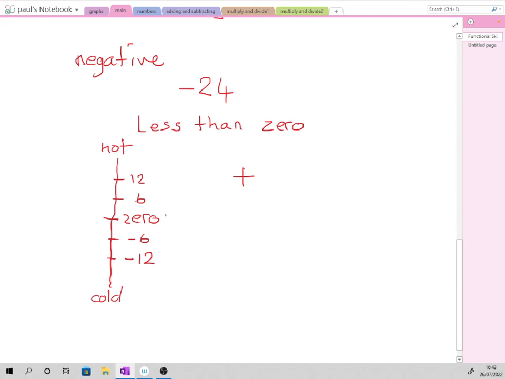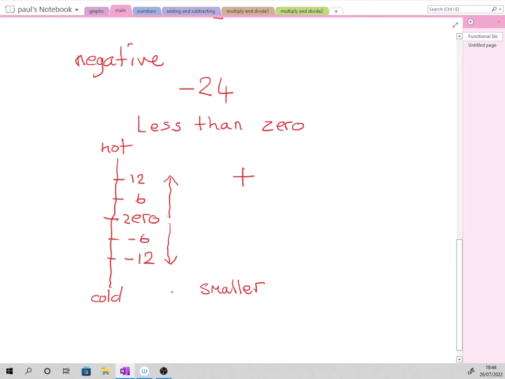And there's something that you can see here, that the further away you get from the 0 in either direction, the numbers get bigger. It's a bigger number, but they're smaller. It's mad, I know.